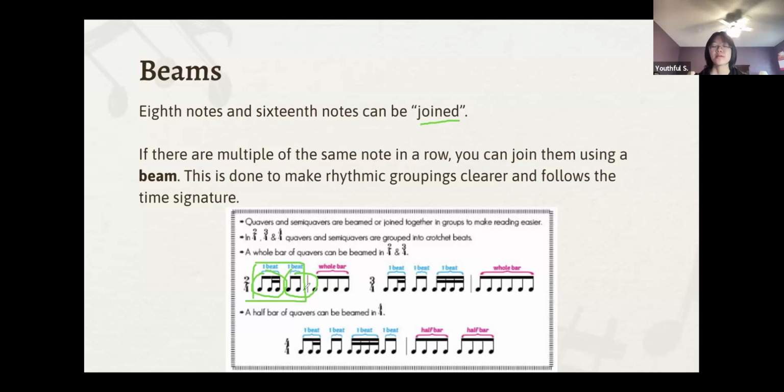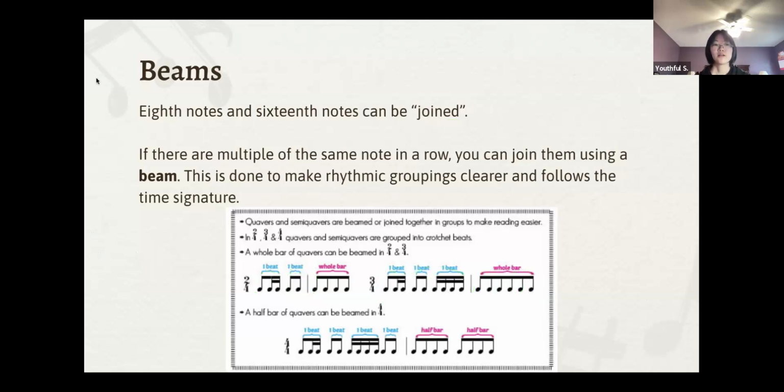The easiest way to do that is to join notes that are one beat together, like that. And then if you have something like this, you could join them one beat by one beat like that, but you can also have a whole bar through it if you're lazy.